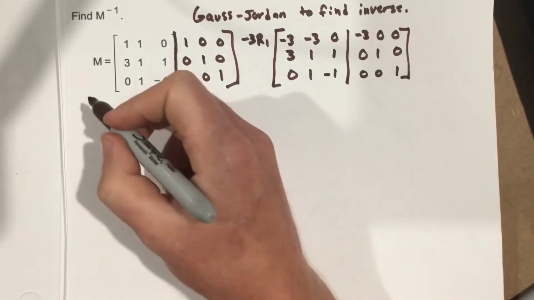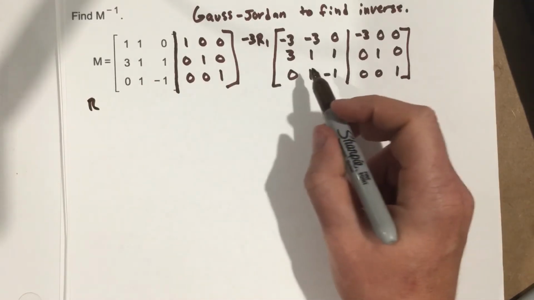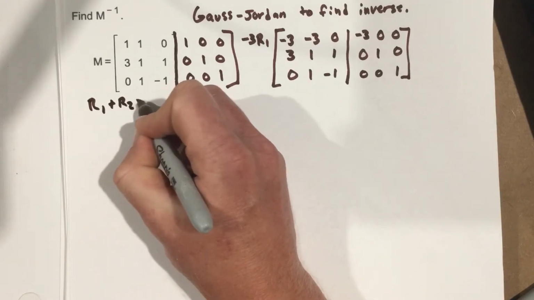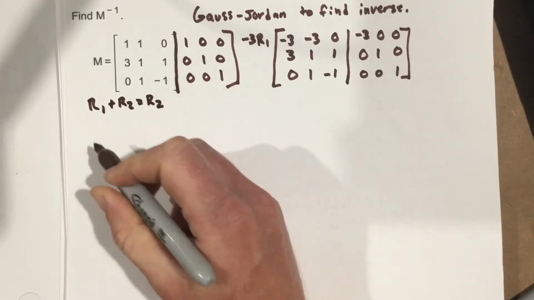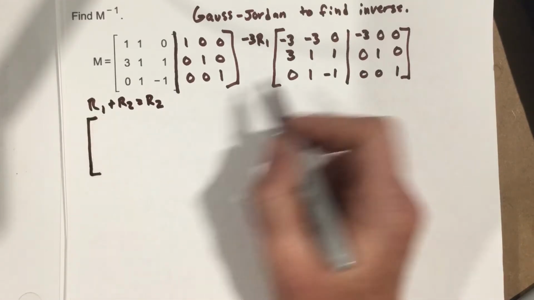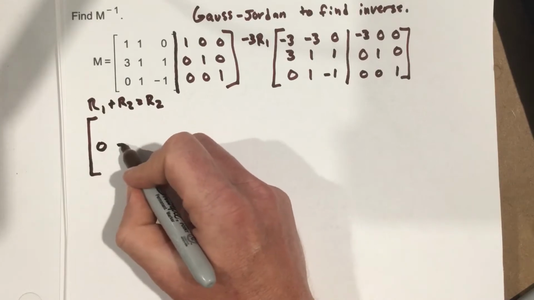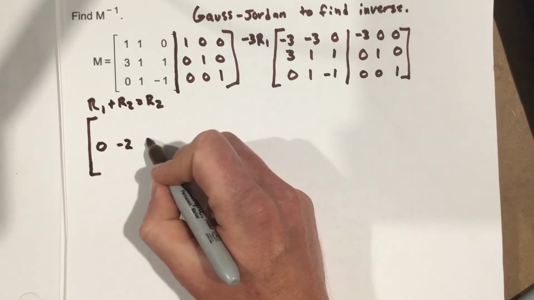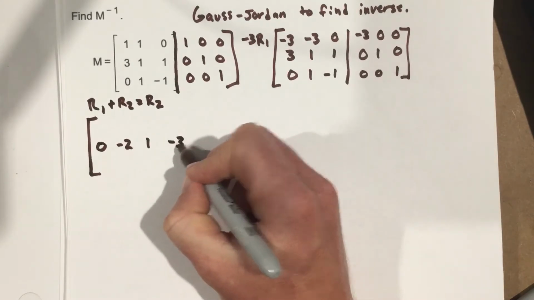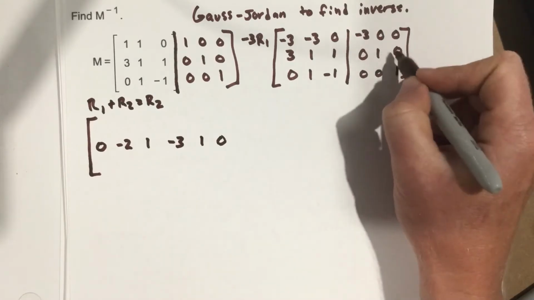Now we're going to do row 1 plus row 2, and that's going to equal row 2. So in the middle, I'd get 0, -2, 1, and when you add those, -3, 1, 0. We do the 0 and the 0.